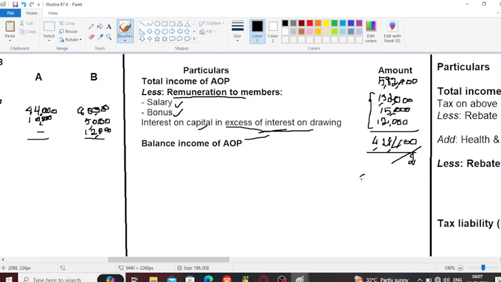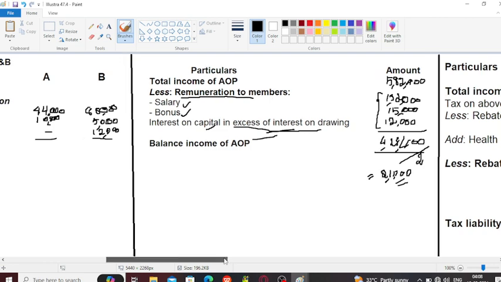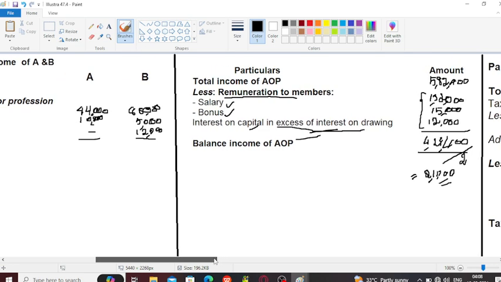If you divide by 2, the members will get equal shares of this balance income of AOP, that is 2,11,700, which will go to their accounts as income from the balance income of AOP.